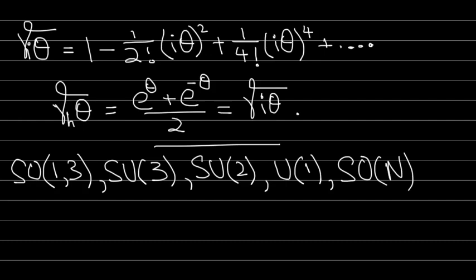Okay, so let's quickly define a Lie group technically. So we're going to talk a bit about Lie groups. A Lie group forms a manifold with a differentiable structure.